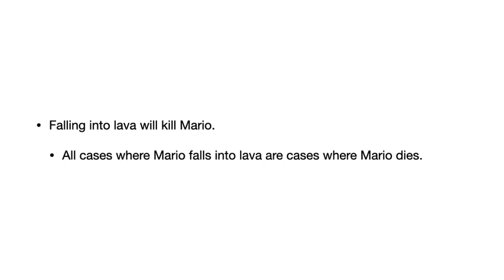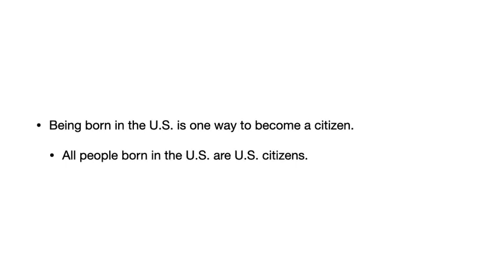All cases where Mario falls into lava are cases where Mario dies. Being born in the US is one way to become a citizen. All people born in the US are US citizens. So, necessary condition: can't have Y without X, but X doesn't necessarily get you Y. Sufficient condition: whenever you have X, you also get Y, but you might be able to have Y without X. That's the basic idea.